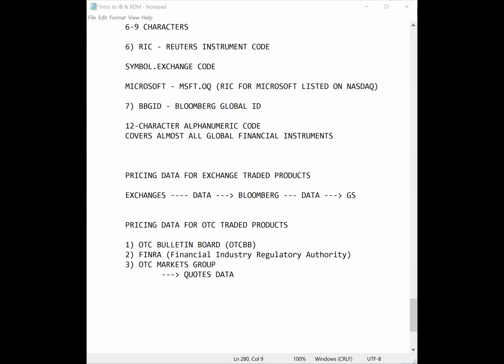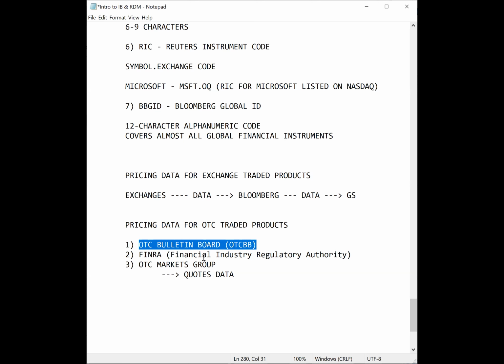Sir, in the OTC traded products, the external data provider goes to FINRA and the OTC Markets Group, collects the data, and provides it to the investment banks. No, investment banks can take it from the OTC bulletin board. They can connect their feeds to the OTC bulletin board.